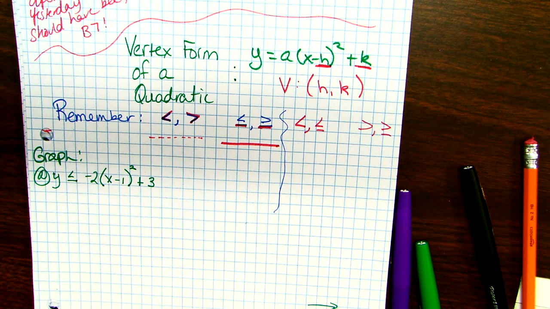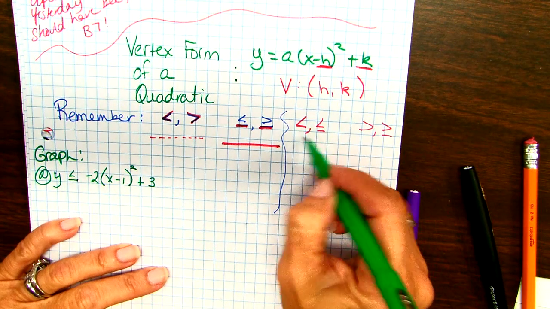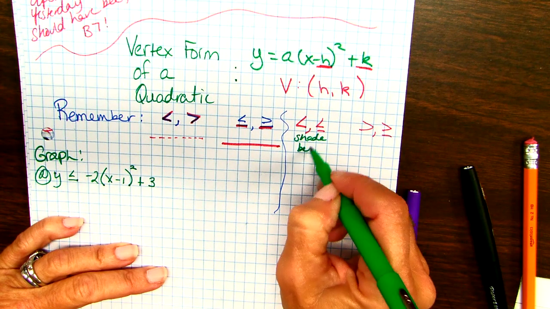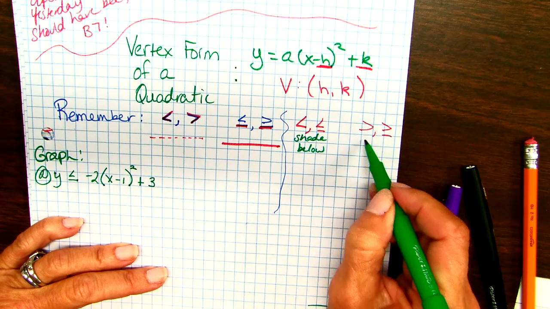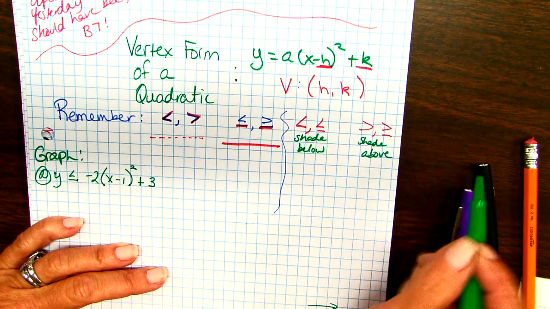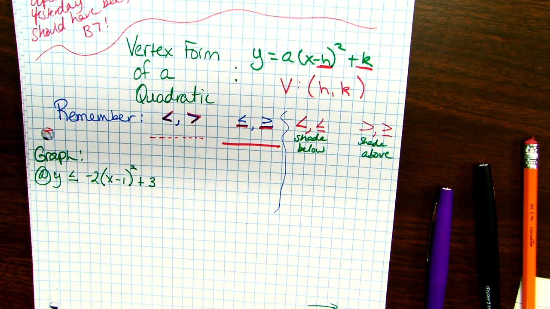That's it. But we're saying all the numbers less than that parabola or above, greater than that parabola. So we learned yesterday that if we see one of these symbols, we shade below. And if we see one of these symbols, we shade above. So what's great about this section is we're reviewing section 3.1 and 3.2, because that's when we just learned how to graph. And we're just throwing a little bit of extra on top of it, okay?